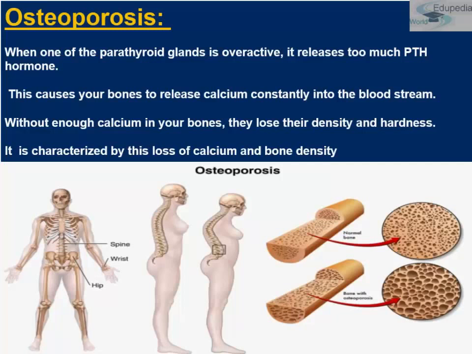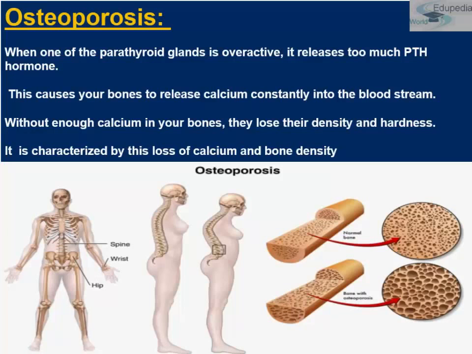So in osteoporosis, your bone releases calcium constantly into the bloodstream, and without enough calcium in your bones, they lose their density and hardness. That means bone is no more dense or hard, and it is characterized by this loss of calcium and bone density.